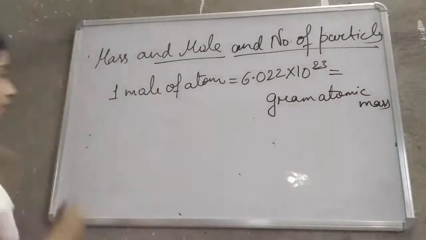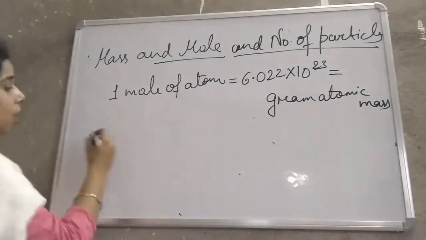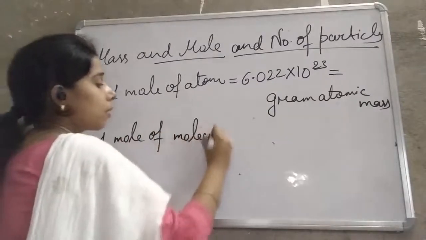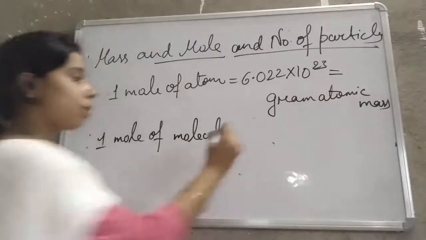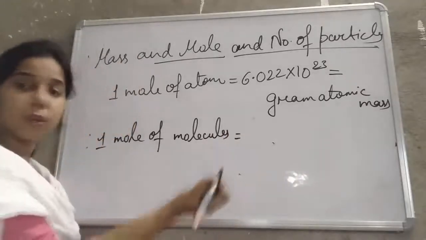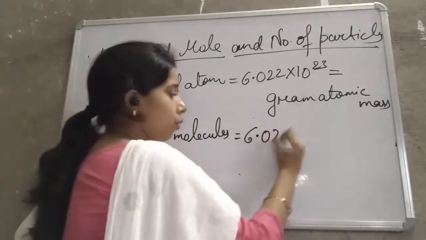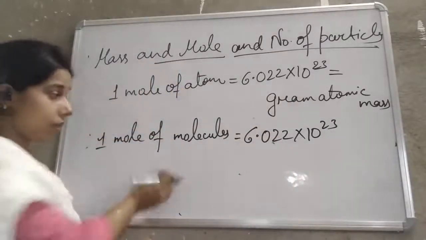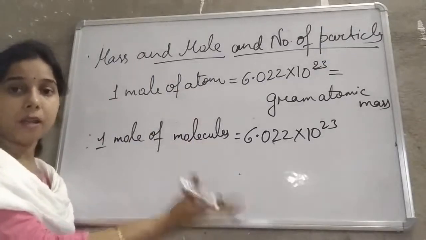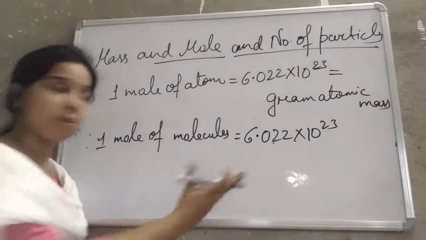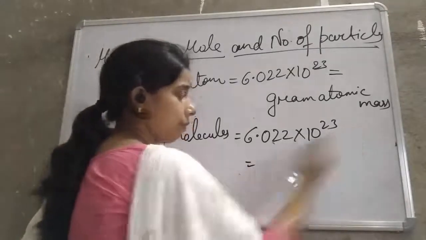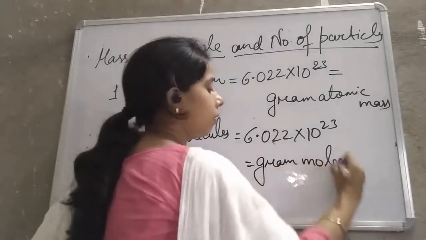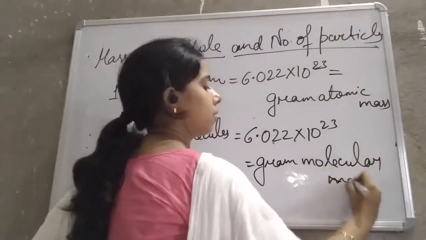If we talk about the gram molecular mass, students, you see here, 1 mole of molecules. So 1 mole of a molecule also has a number of particles equal to 6.022 into 10 to the power 23, and that means this one not only has a fixed number of particles, but it also has a fixed mass. So this will be equal to the gram molecular mass.